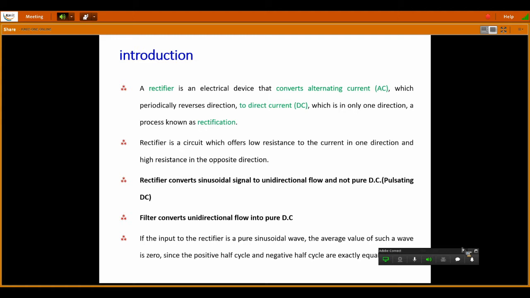So a rectifier converts AC into pulsating DC, not pure DC, and following the rectifier we have a filter, which converts the unidirectional flow, that is pulsating DC, to pure DC. This is what we discussed in this slide.